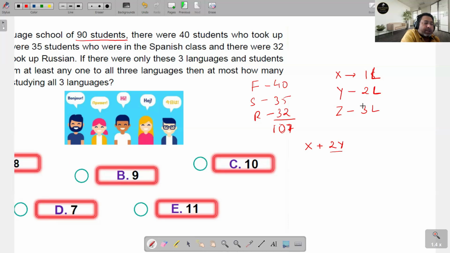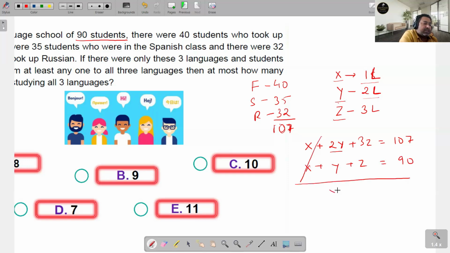Because these will appear in two lists. And the other equation, these groups are exclusive. The student who is doing one language cannot be the same student who is doing two languages, right? So X plus Y plus Z is the total number of students, which is 90. When you subtract this, X cancels and you get Y plus 2Z is equal to 17.